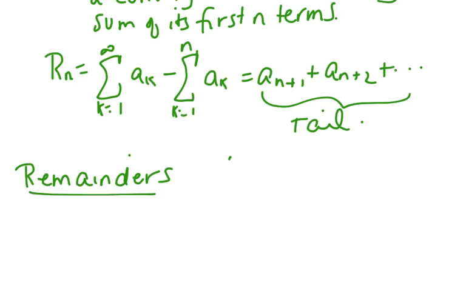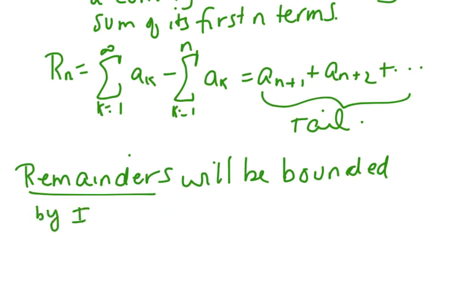The remainders will be bounded by improper integrals. So the remainder is going to be bounded, and we need to evaluate them. And I'll show you an example in class, but we'll do one tonight.